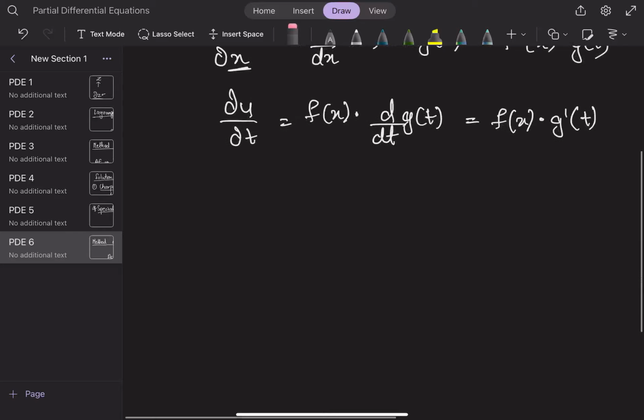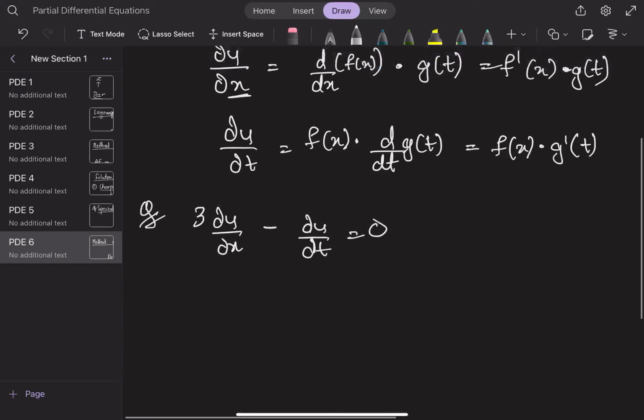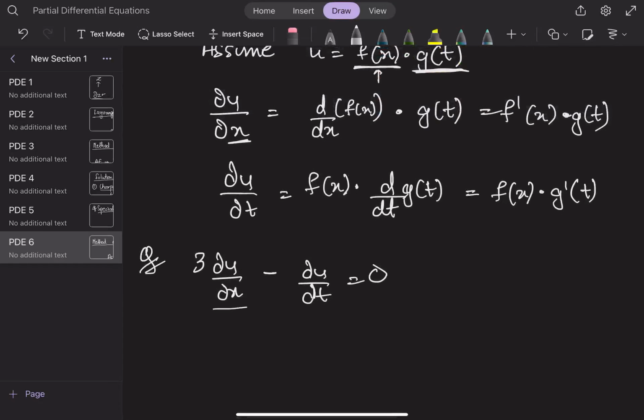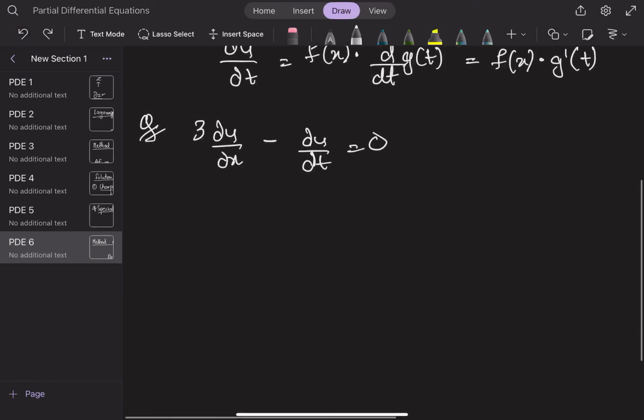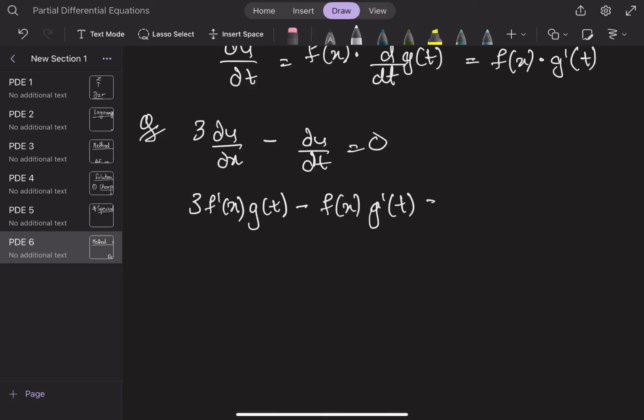So let's quickly solve this with an example. 3 ∂u/∂x minus ∂u/∂t is equal to 0. I'm going to substitute ∂u/∂x and ∂u/∂t with these. So this is going to become 3 f'(x) g(t) minus f(x) g'(t) is equal to 0.